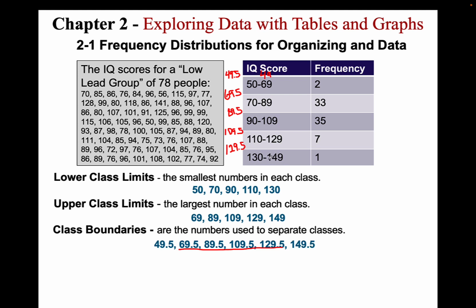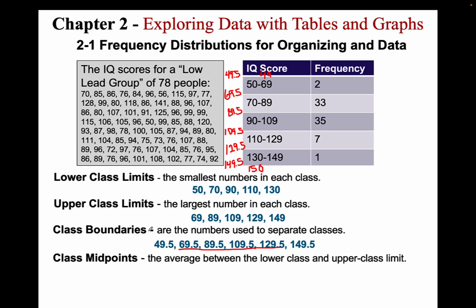If there was another class of higher IQ scores, it would be 150, starting the next class out. 149 and 150 are separated by the number 149.5. So that is where the 6th class boundary comes from. So 5 lower class limits, 5 upper class limits, but 6 class boundaries if you have a frequency distribution table with 5 classes like we do here.